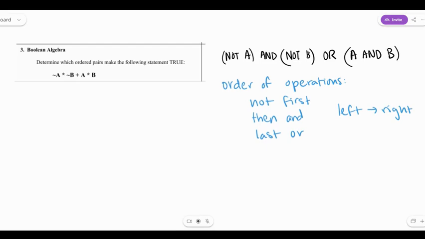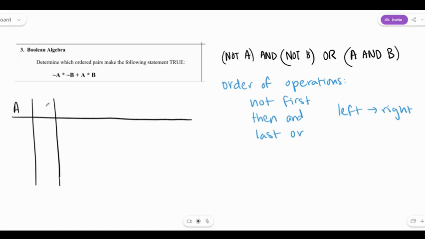Okay, now we can create a truth table. We can create a separate column for each part, which will make it easier to evaluate.